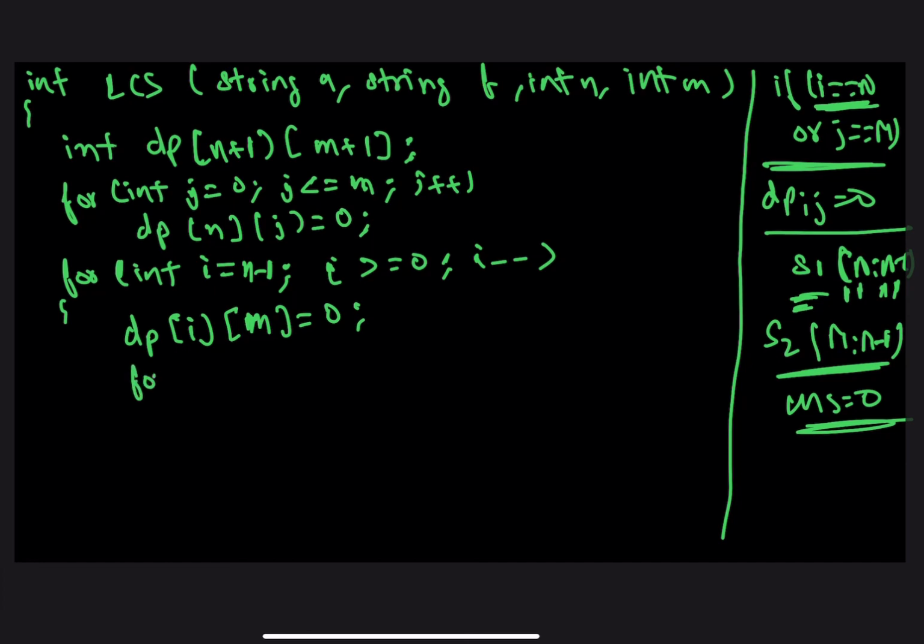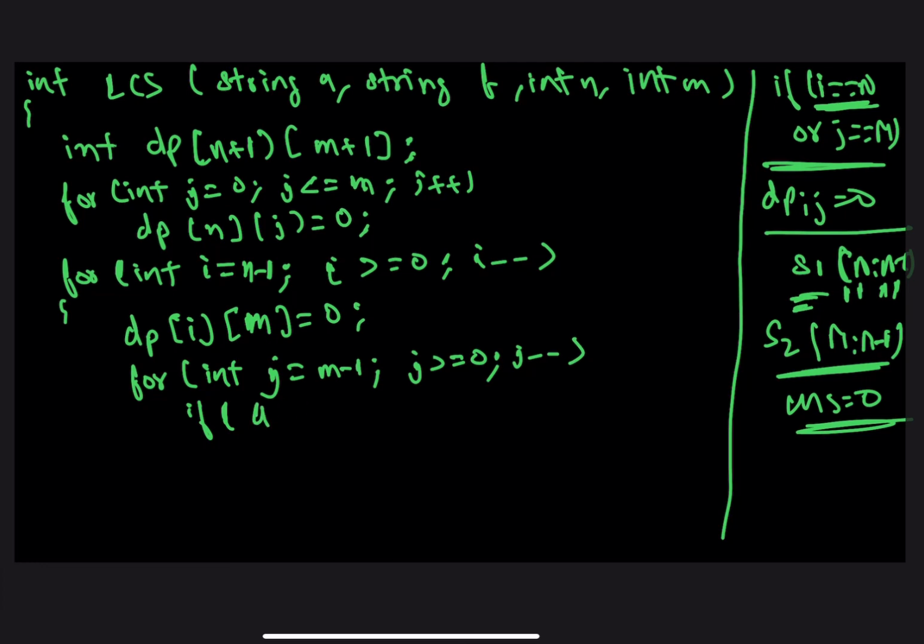Then I would iterate over all the j's in decreasing order, as suggested in the topological ordering. So for int j equals m minus 1, j greater than or equal to 0, j minus minus. Now I have two cases over here. The first case is if s1 of i, or in this case, since I've taken the strings a comma b as input, let's call it a.